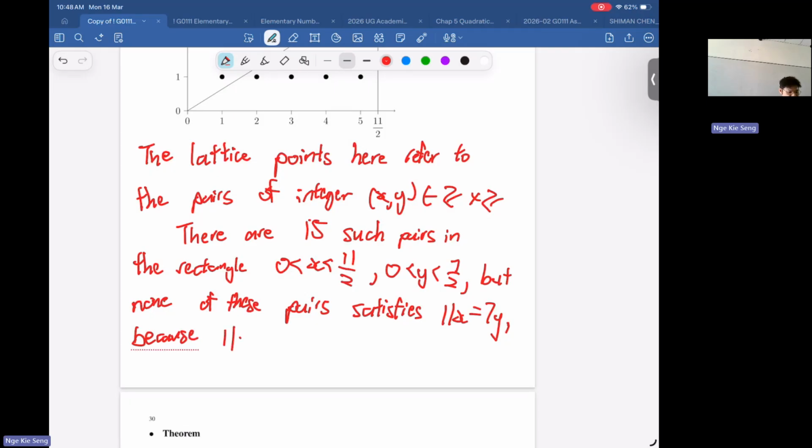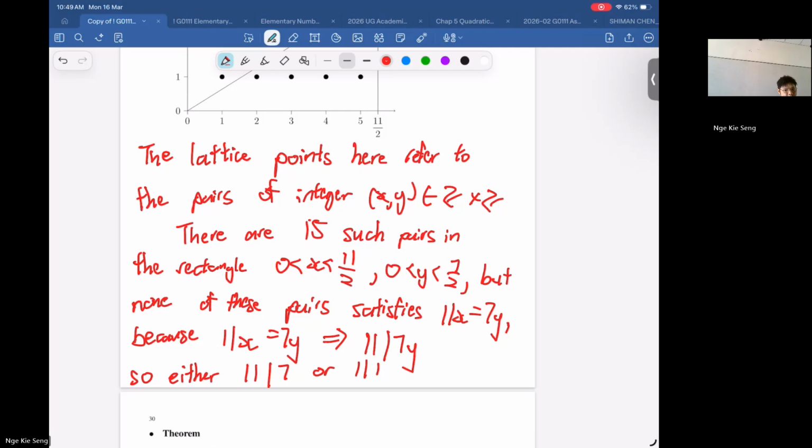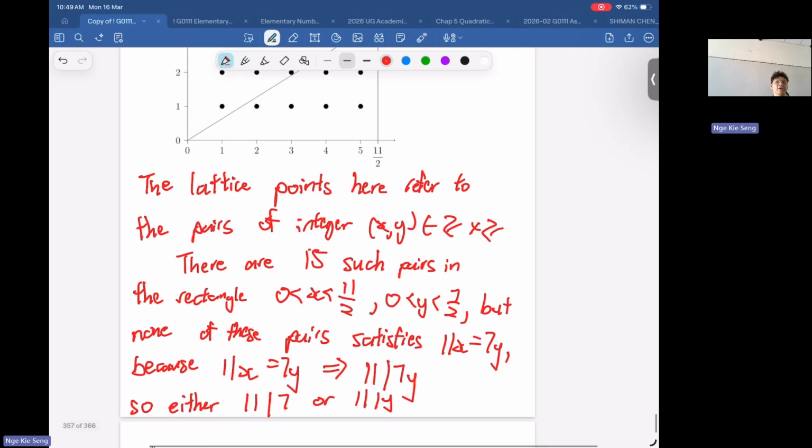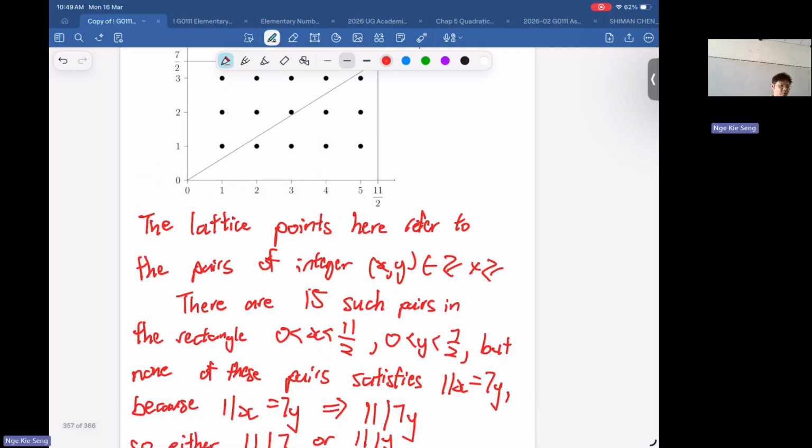If 11x equals 7y, this implies that 11 divides 7y. But 11 is a prime, so either 11 divides 7 or 11 divides y. 11 dividing 7 is impossible. Can 11 divide y?